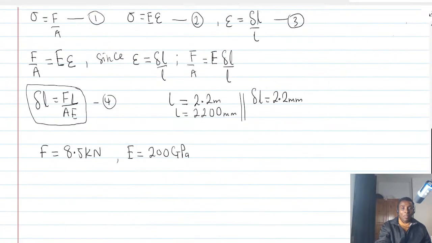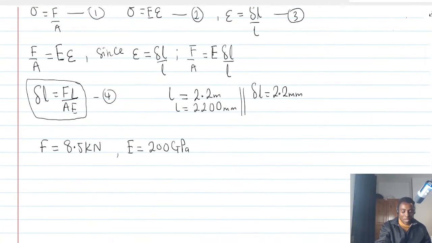From the area. Why? Because the area is given by pi times the diameter squared over 4. So if we know the area, we can actually solve for the diameter. Is that right?